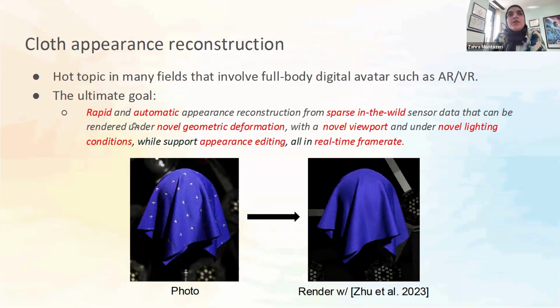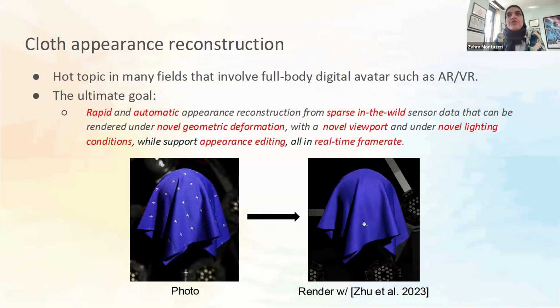And the ultimate goal, in order to get that, essentially, this is what we get as an input on the left. I'll just read it out: rapid and automatic appearance reconstruction from sparse in-the-wild sensor data that can be rendered under novel geometric deformation.